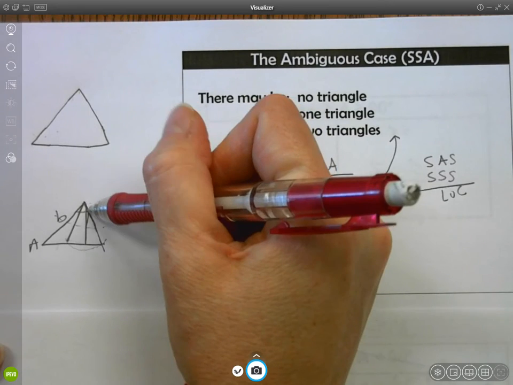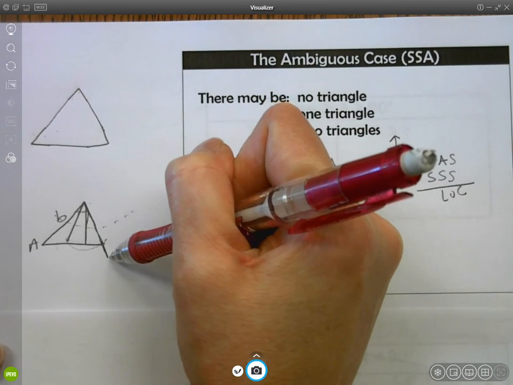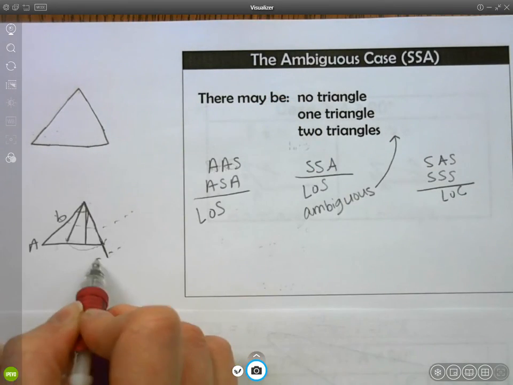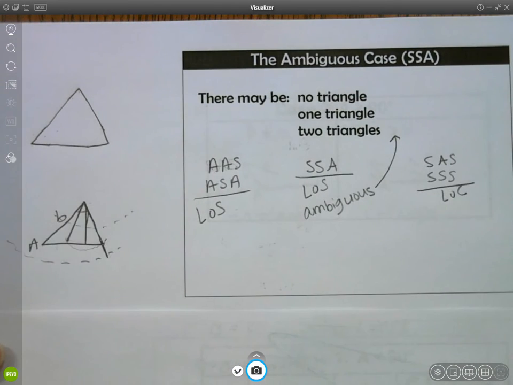And then there's the option that it's so long that it would never touch the bottom. All right, so it's called the ambiguous case, and it's kind of ambiguous for y'all to think of. And I try to draw pictures and use little strings and swingy things. And hopefully it's going to make some sense.